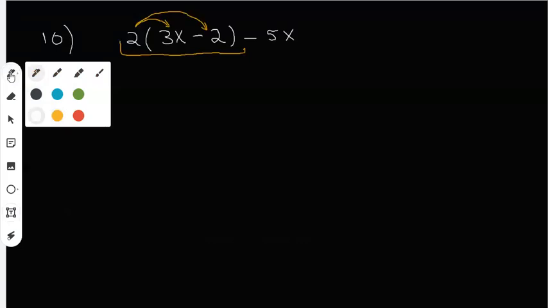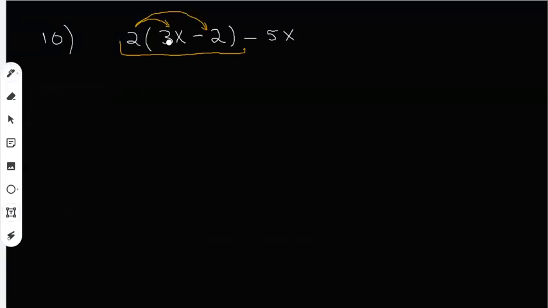So what happens when I do that? What's 2 times 3x? Wouldn't that just be 6x, right? So I get 6x, and I bring down my minus sign. 2 times 2 is going to give me 4. So 6x minus 4.